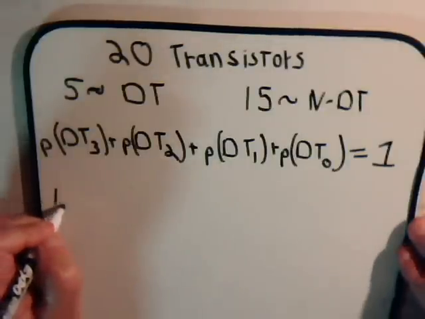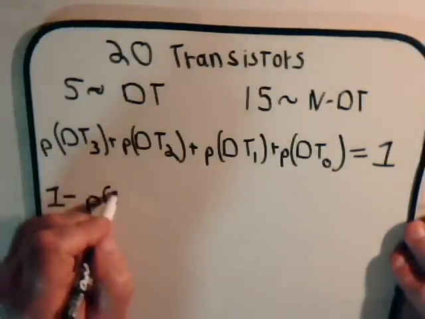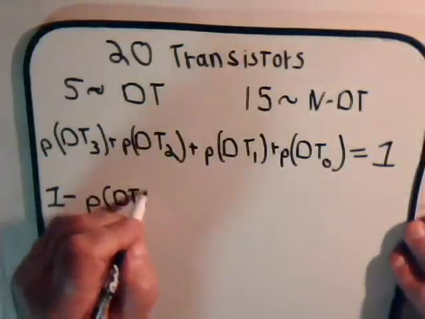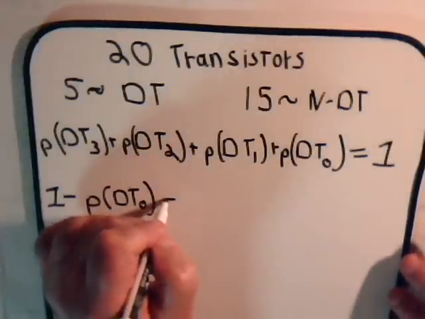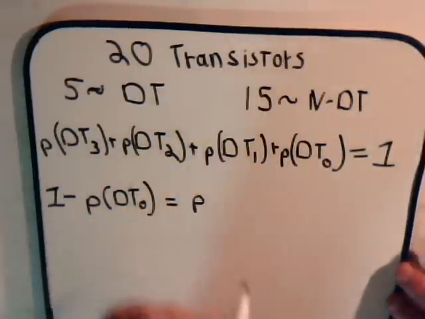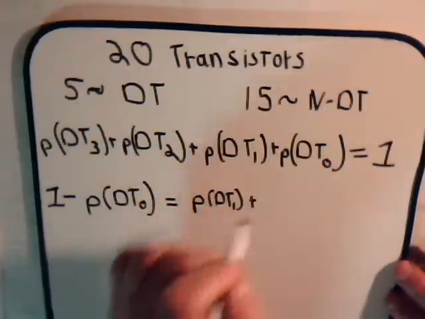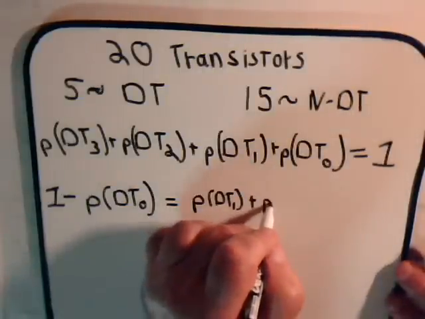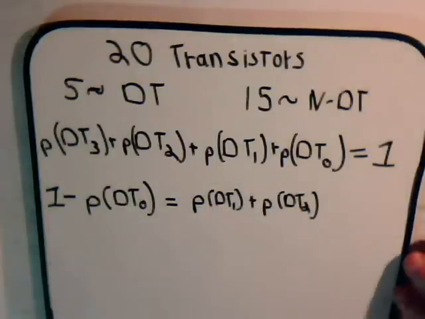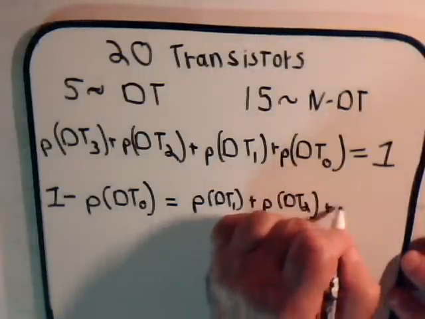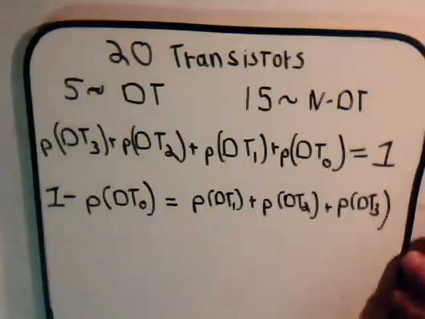So we have 1 minus the probability that when we select 3 transistors, none of them are defective. That is equal to the probability that one of them is defective, plus the probability that 2 of them are defective, plus the probability that 3 of them are defective.